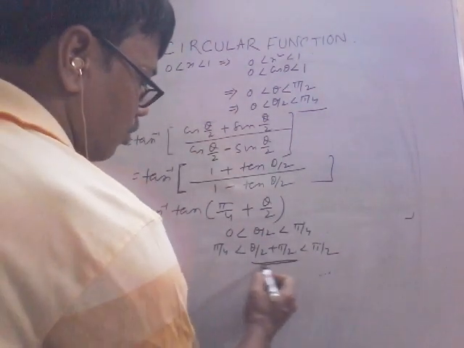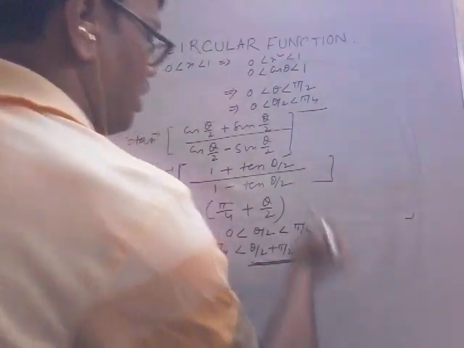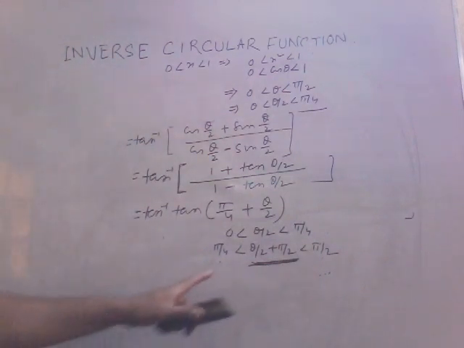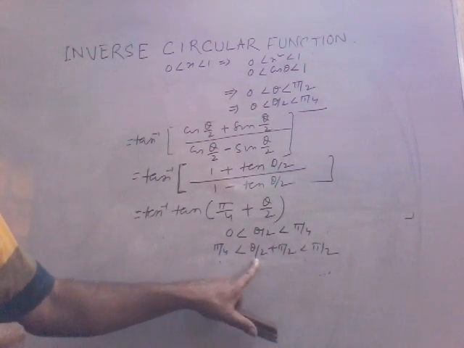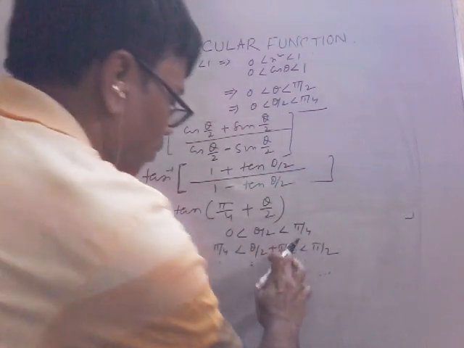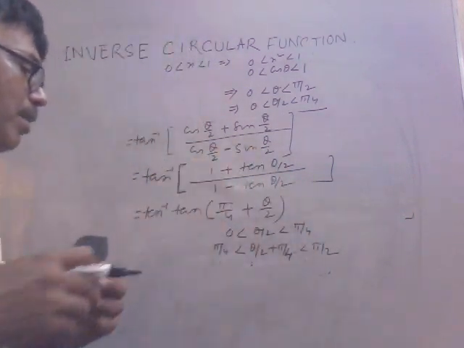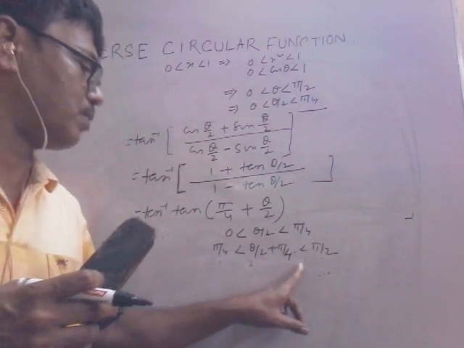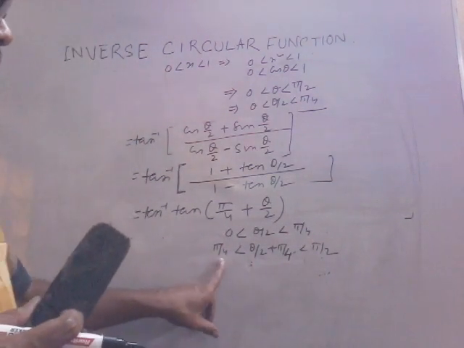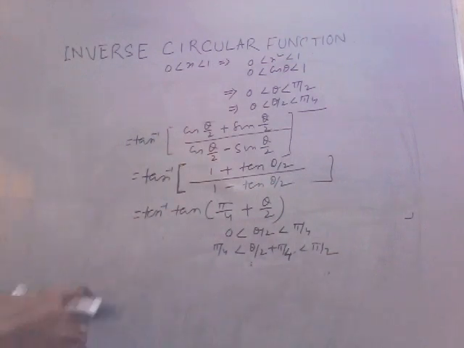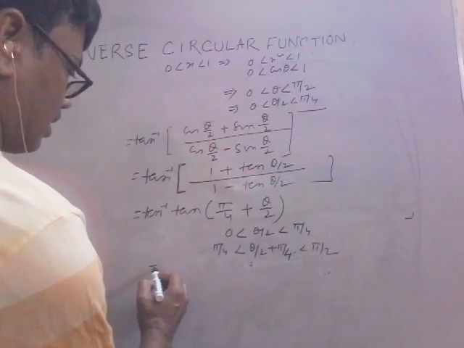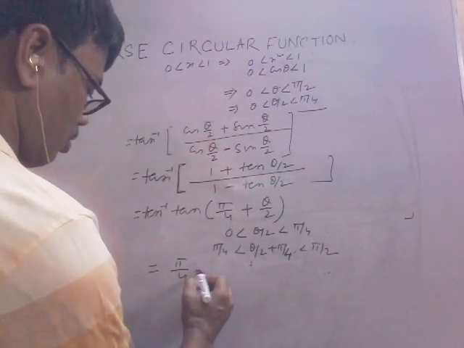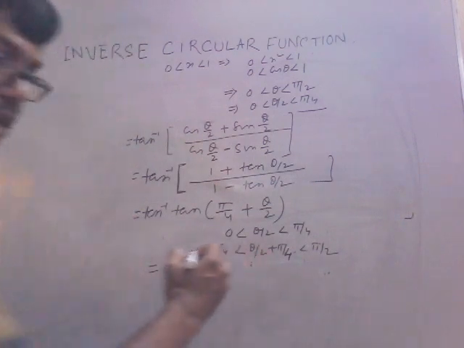So this argument belongs to the principal value. So theta by 2 plus pi by 4 belongs to pi by 4 to pi by 2. So it belongs to the principal value. Therefore tan inverse tan x equals x, so pi by 4 plus theta by 2.